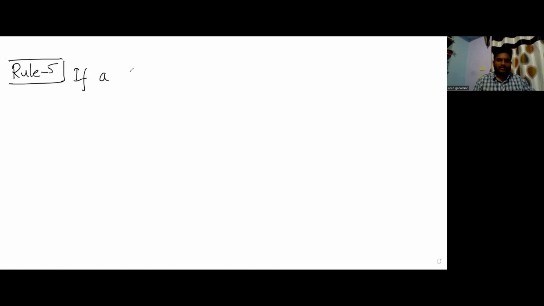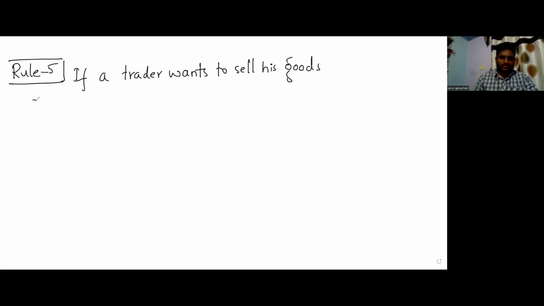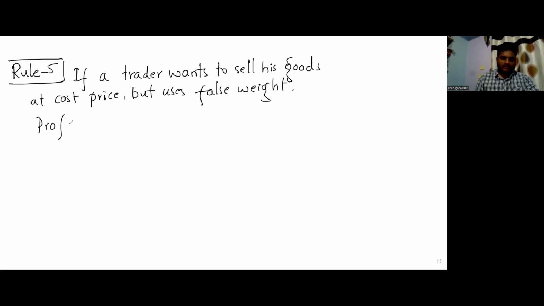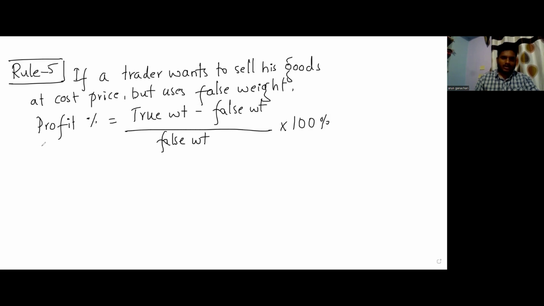If a trader wants to sell his goods at cost price, but uses false weight, then his profit percentage is equal to true weight minus false weight, divided by false weight, into 100%. Write down this formula.